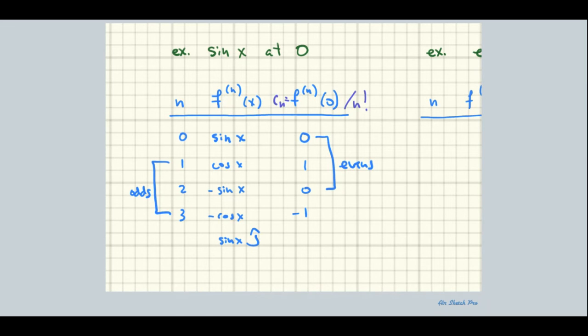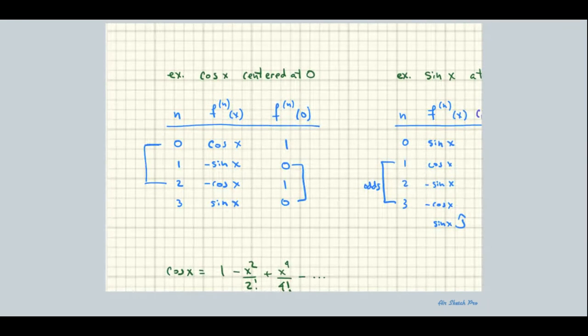Okay, and versus the cosine function, where we saw the evens gave us power and the odds dropped out.